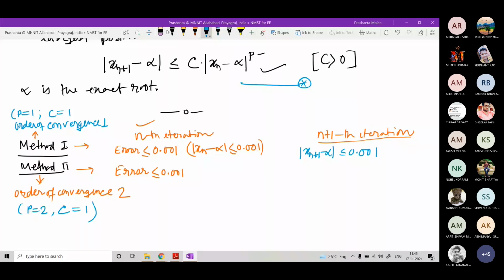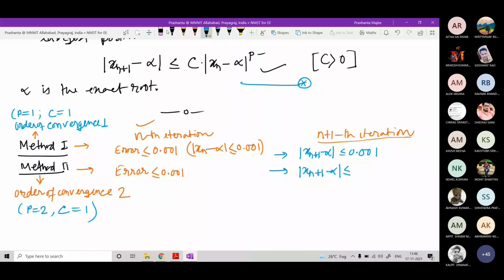That value is 0.001. And what will happen to the error in the second method? What will be the bound of the error in the n plus 1th iteration in method 2?